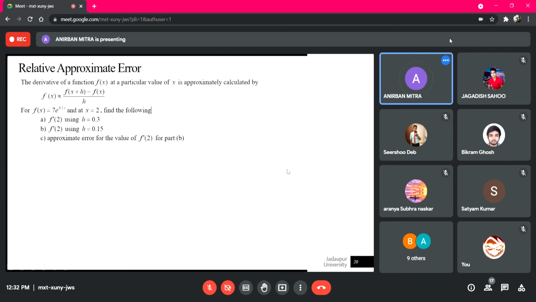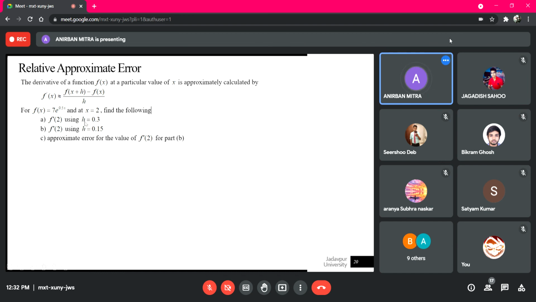We consider this example next. This is the same example again. We have this value here, that is the approximation to f dashed x. The function is the same as before, 7 e to the power 0.5x, and we are trying to calculate this f dashed value, the first derivative, at x equal to 2.